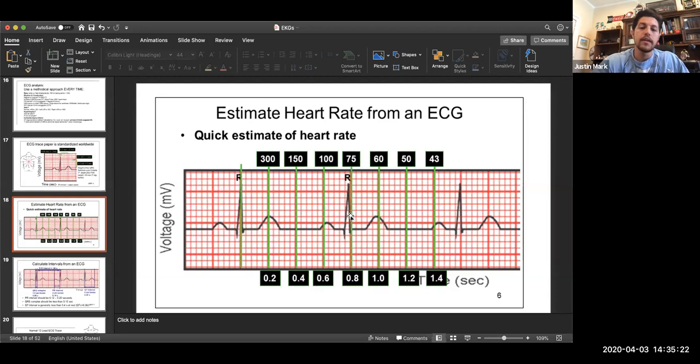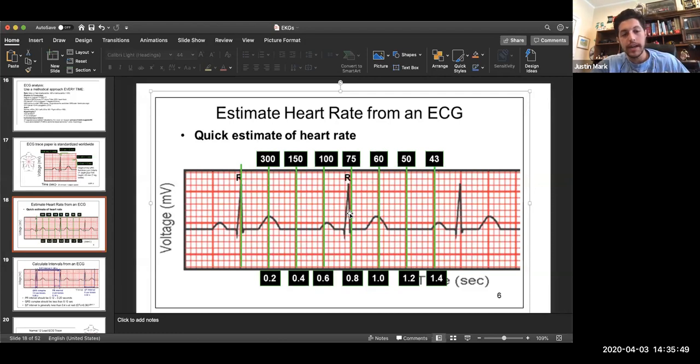And I take 300 and divide by the number of solid lines it takes to get to the next QRS complex. So in this case, if I'm starting here, I'm going to count 1, 2, 3, 4, or about 4, okay? So the heart rate is 300 divided by about 4. That would give me about 75, okay?